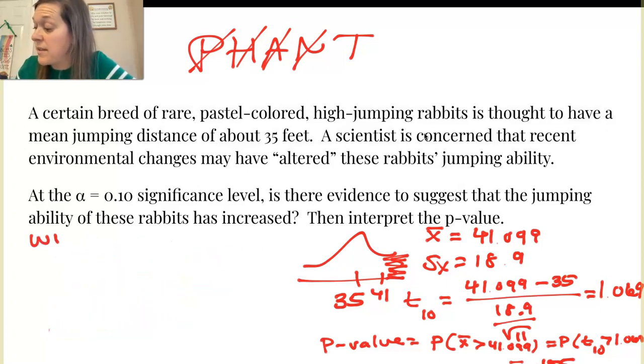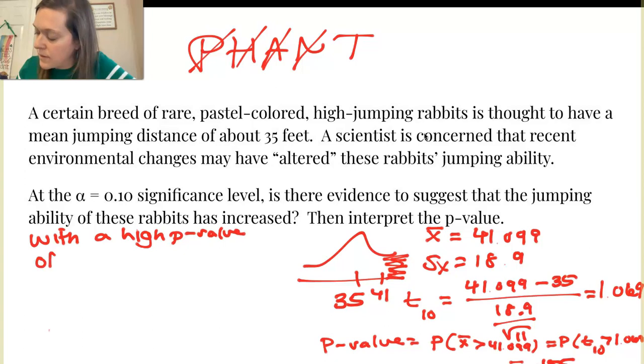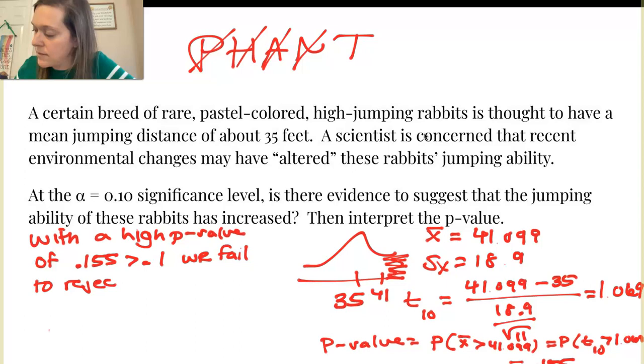So I would say with a high p-value of 0.155, which is greater than 0.10, we fail to reject the null hypothesis.